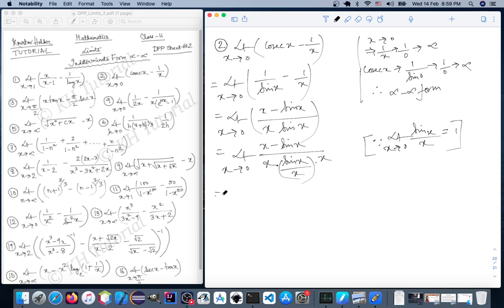So now we get x minus sin x over x square. Now this is of the form 0 by 0, and now we apply L'Hopital's rule.